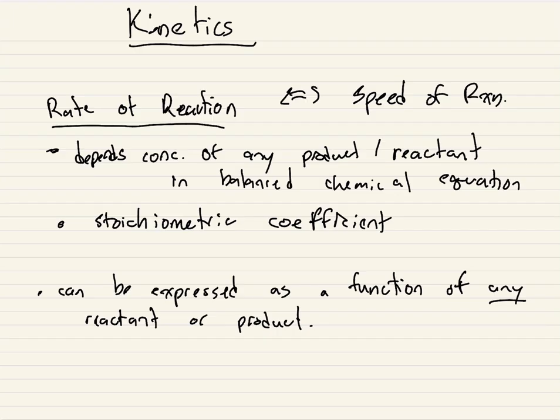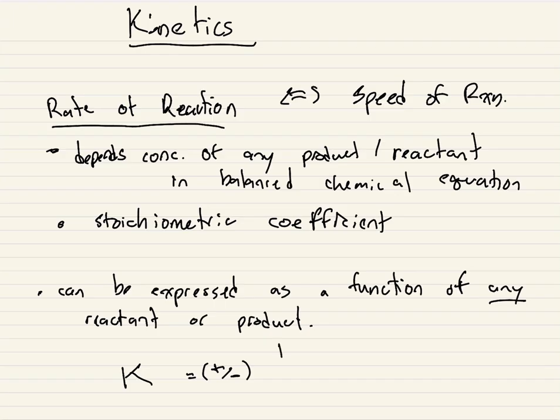And the general form looks something like the rate is defined as capital K, and it's either plus or minus. What determines if it's plus or minus? If it's a product or a reactant, right? If it's plus, then it's a product. If it's minus, it's a reactant, right? Because the reactant's concentration is going down as the reaction proceeds, so that means that delta is going to be a negative quantity.